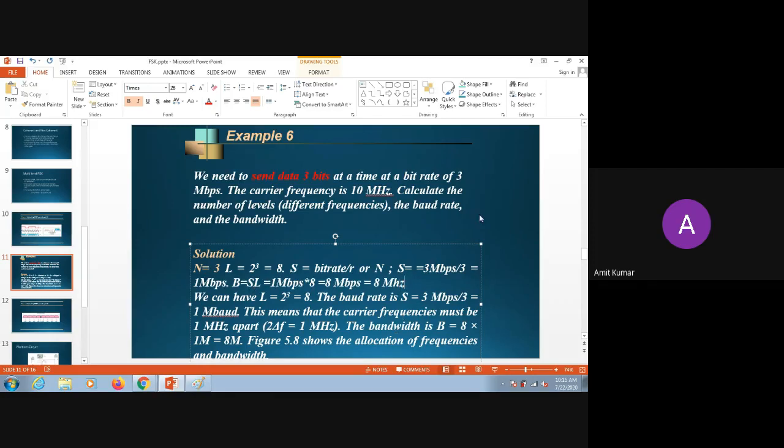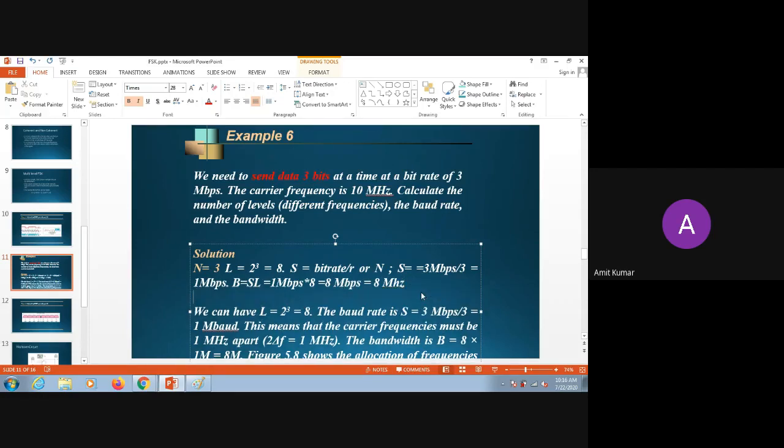Now what is given: the center frequency is 10 megahertz. If your center frequency is 10 megahertz, you have to place 8 signals, because we have 8 levels. So you can do FC plus delta F, second will be FC plus 2 delta F, 3 and 4, with 4 on the positive side and 4 on the negative side.